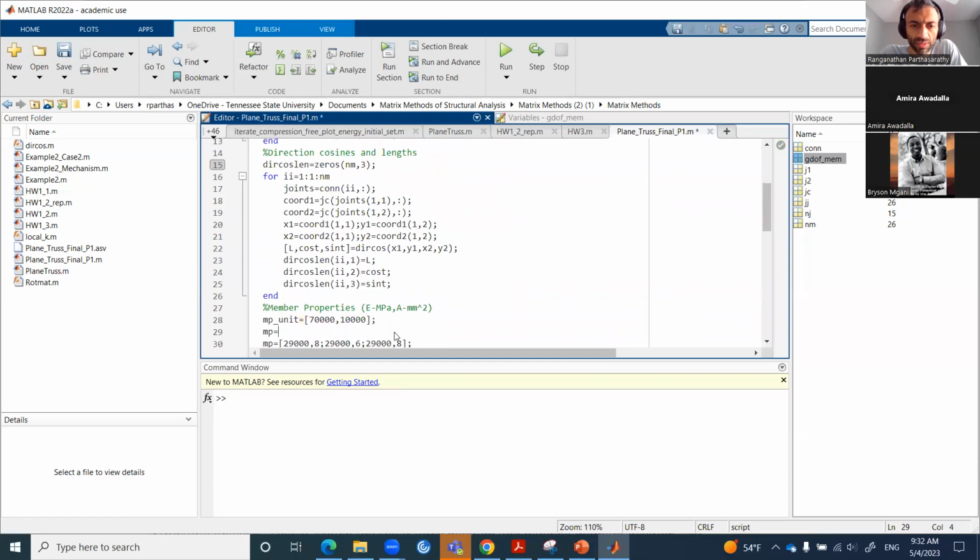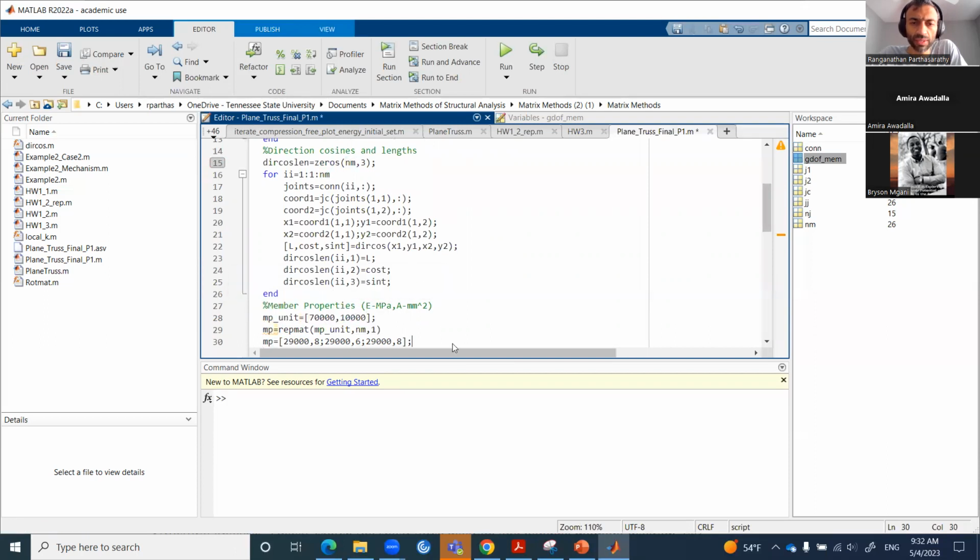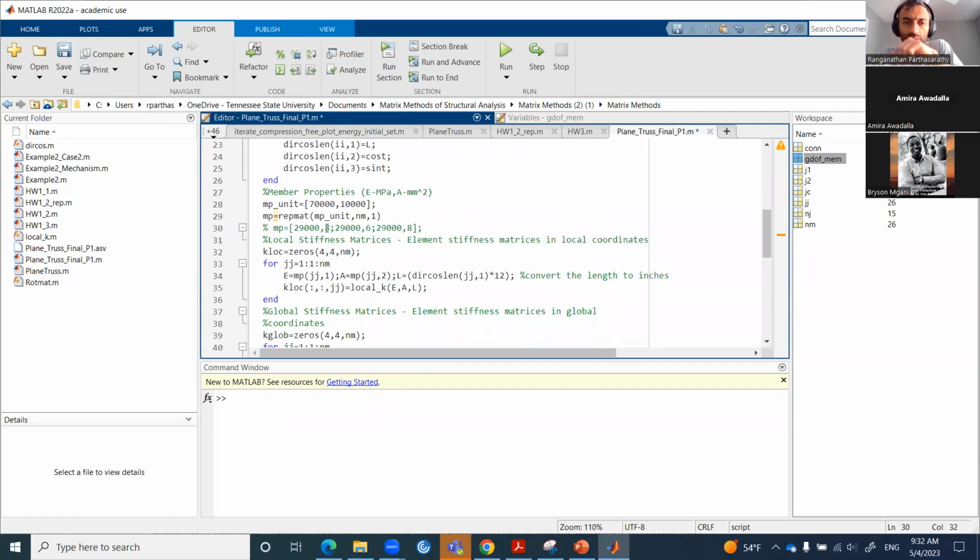Then this one will just repeat that for the number of members, and rows and columns are the same. Okay.